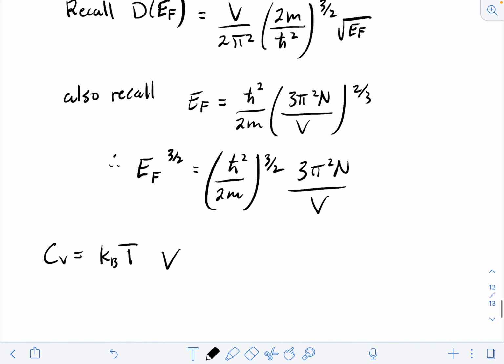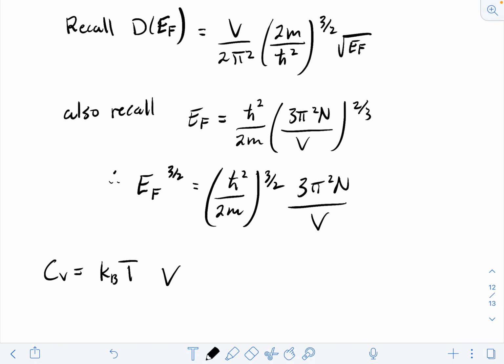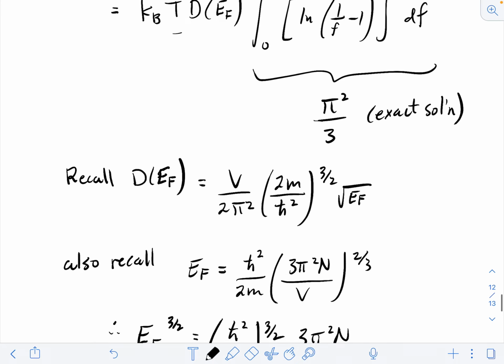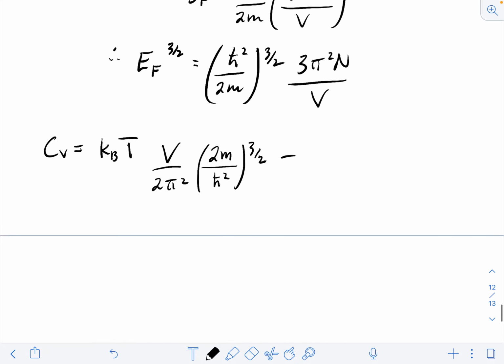And the density of states we wrote down as V over 2 pi squared, 2m over h bar squared to the 3 halves. Then we have the square root of epsilon F, but first let me put in the pi squared over 3.